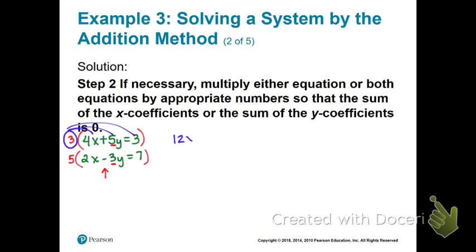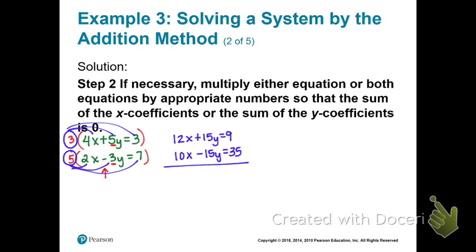So this first one's going to give us 12x plus 15y equals 9. And we're going to do the same thing to the second equation there. We're going to distribute that 5 all the way through it. So that's going to give us 10x minus 15y equals 35.